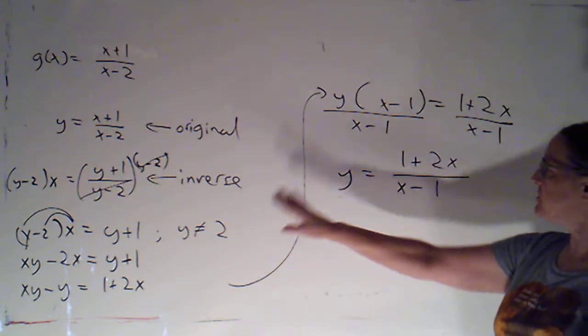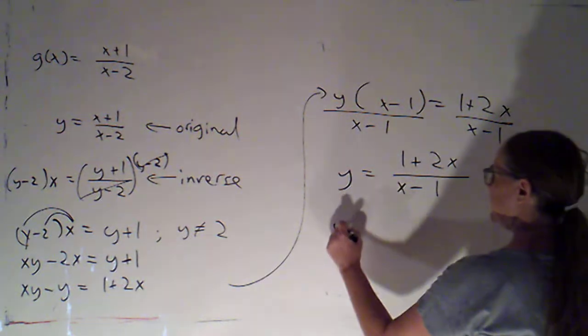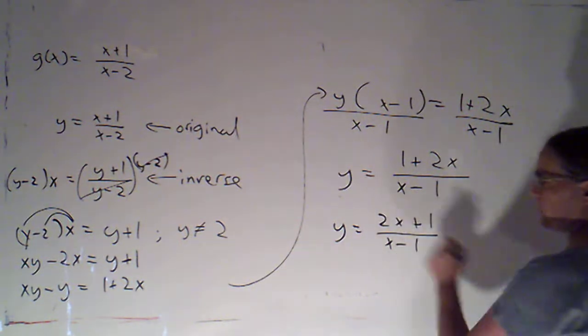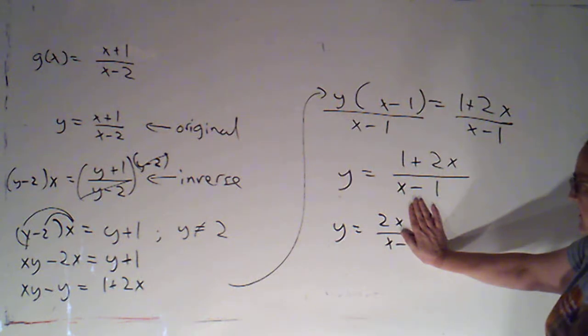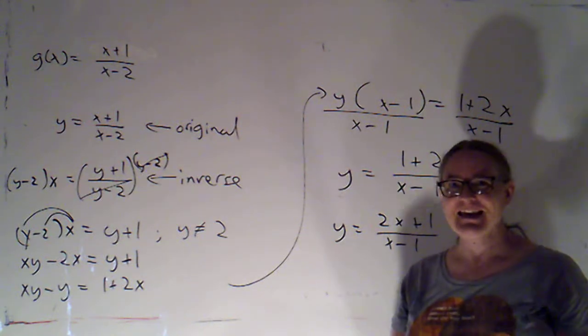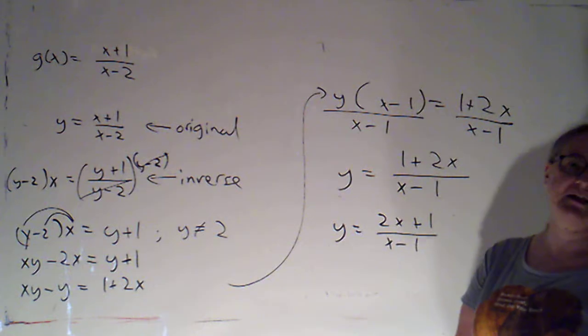The restriction sort of takes care of itself. I could actually see this is a rational function. If I were to write it in descending order on top and on bottom, the fraction of the lead terms is just 2x over x, which is 2. The graph of this would have a horizontal asymptote at 2. Now I could check to see whether we ever touch that asymptote. It turns out that we don't.